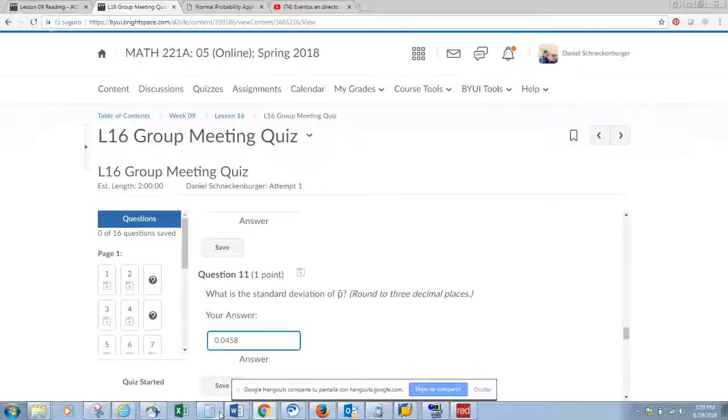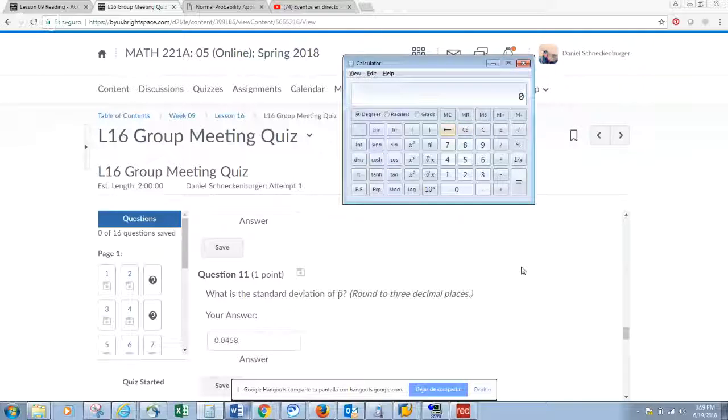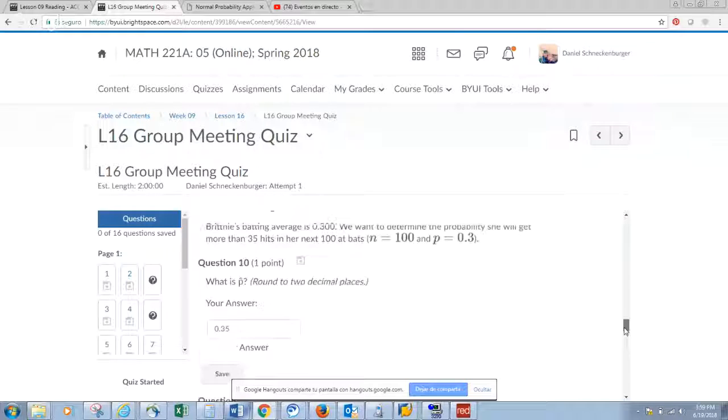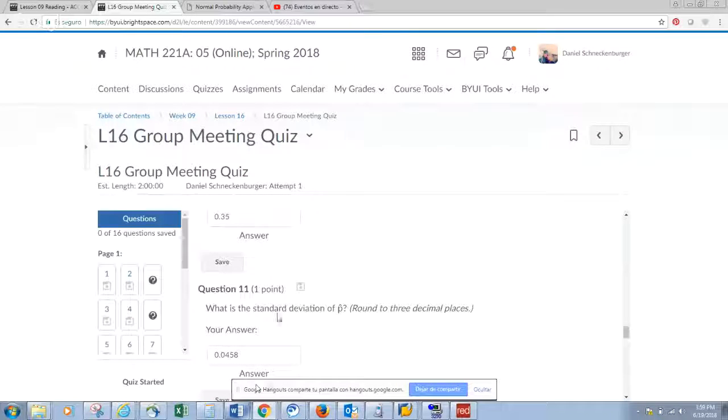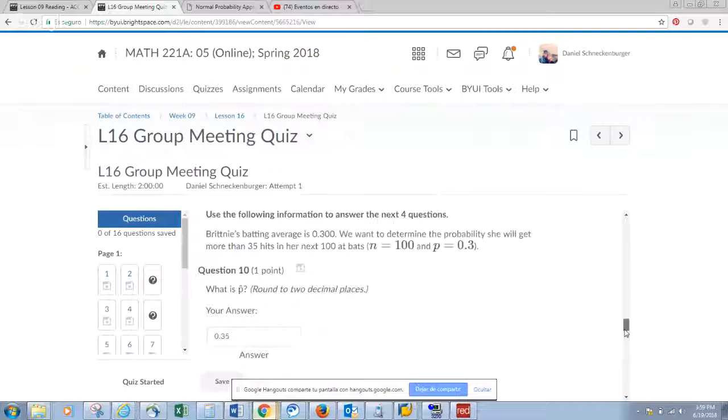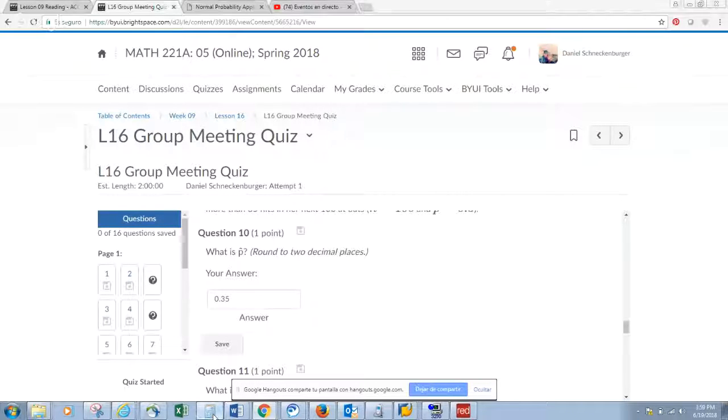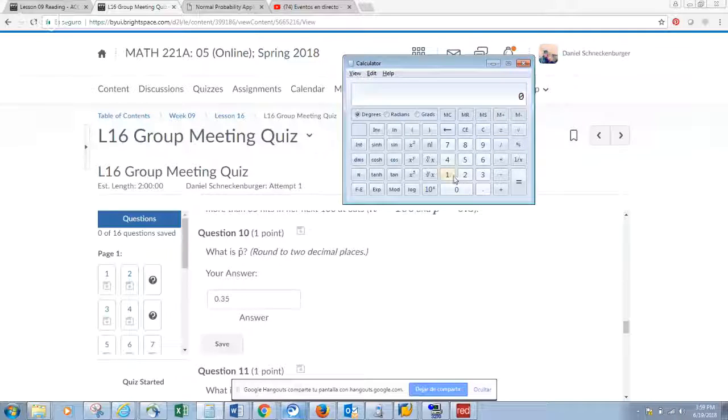So the standard deviation. What was the p-value for this one? So 0.3, right? So it would be 0.3 times 1 minus 0.3 divided by 100, and then the square root of that. Am I right?